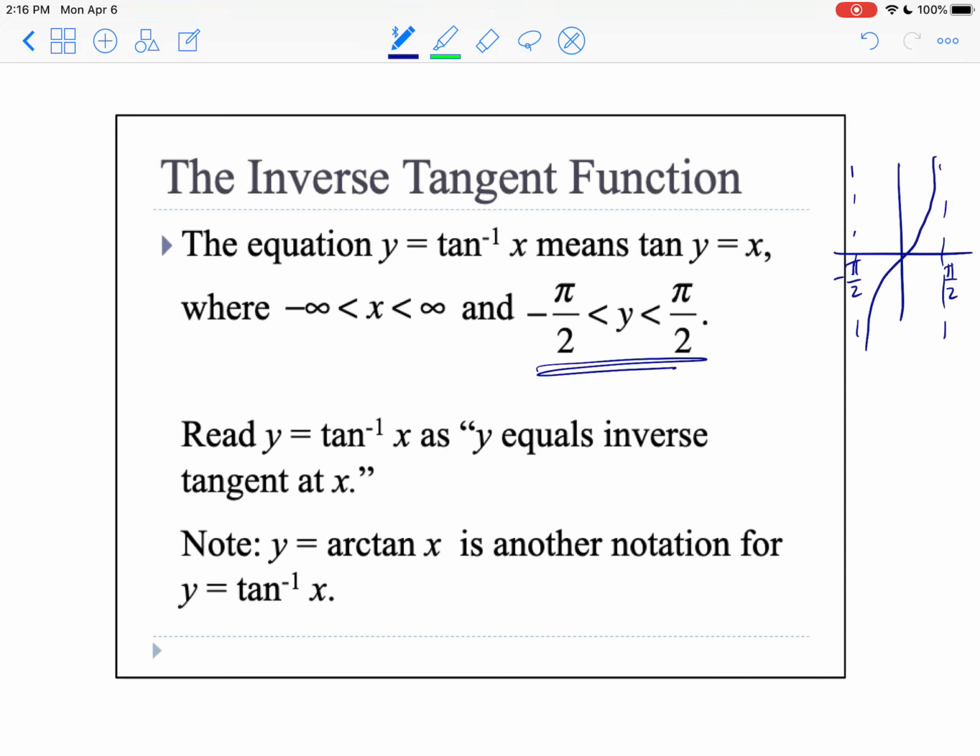The only angles you're going to get out of arc tangent are between negative pi over 2 and pi over 2. But you can plug any value into arc tangent because tangent produces values that go all the way from negative infinity up to positive infinity. And again, I'm going to use the notation arc tangent interchangeably with tan inverse.